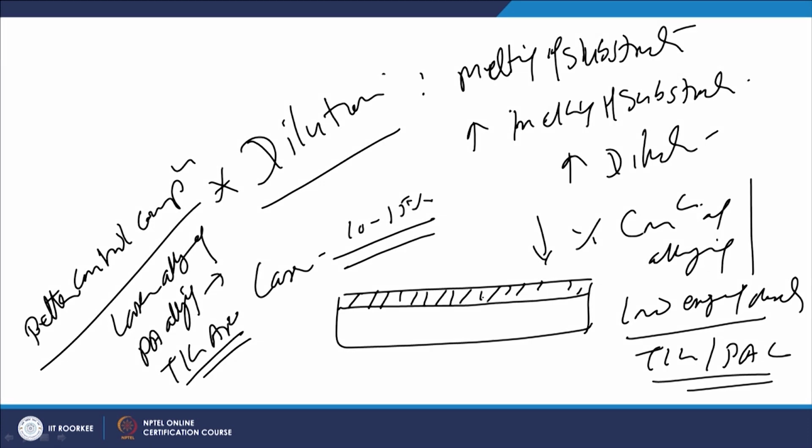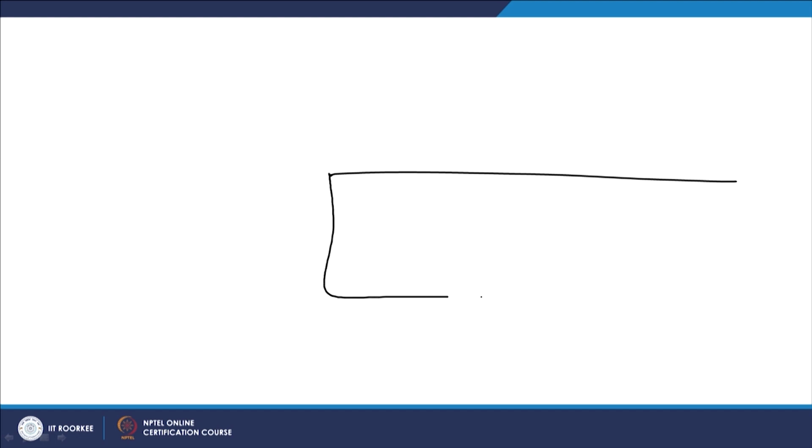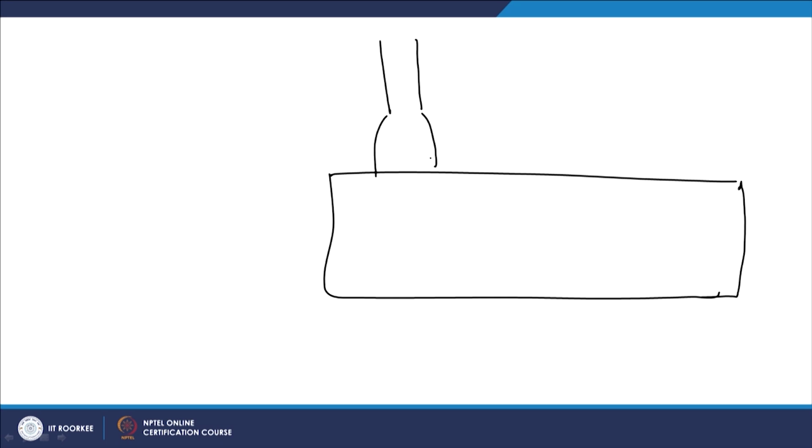Another approach is where the surface of the substrate is applied with a suitable heat source, maybe arc or laser. So, this arc or laser will be melting the base metal. At the same time, through an external source, the element to be introduced is fed in this zone. So, melting of this one is also facilitated.